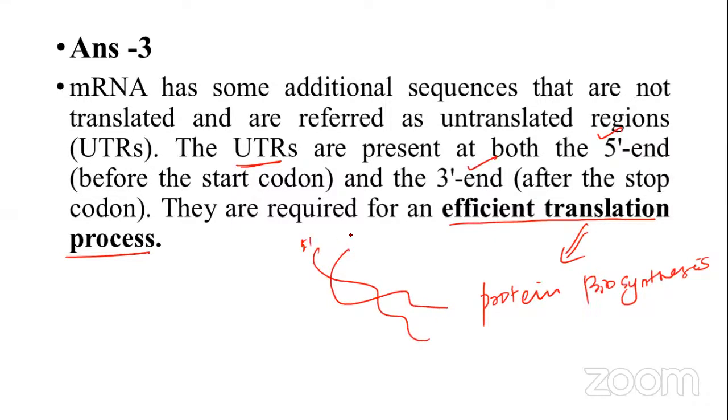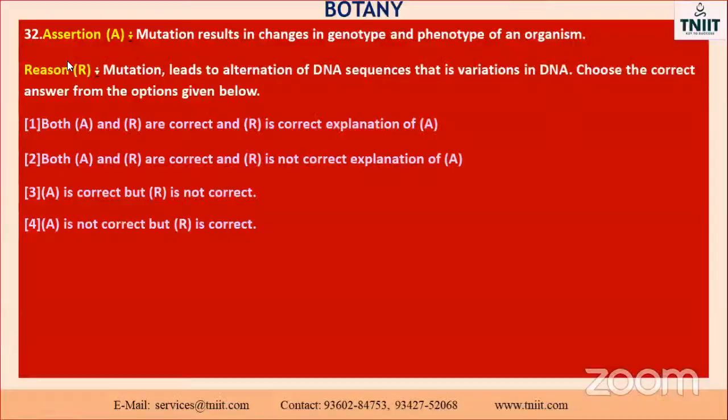Already on our board, this one is called the 5' and 3' end. Both ends will have it. What is the main use of this? It's required for the efficient translation process. That is very, very important. So the answer is the third only.